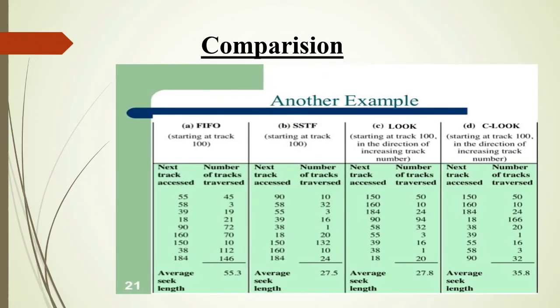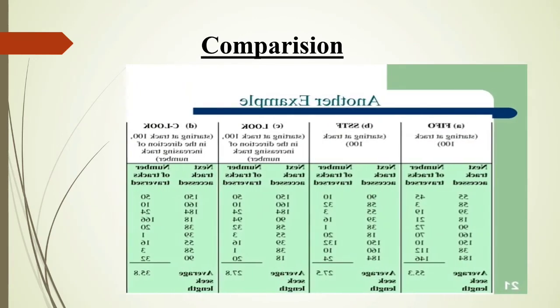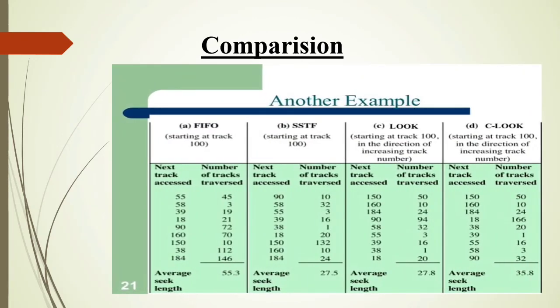Now, if we compare all the algorithms together, we can identify which is the apt algorithm to process a particular input output request. At the bottom, we have the average seek time of each algorithm to access a particular record. According to this comparison, the shortest seek time first algorithm has the minimal seek time, that is the time taken to access a particular record.